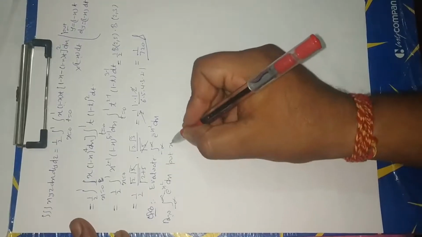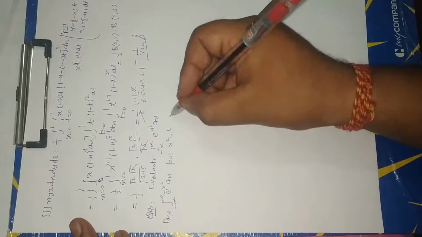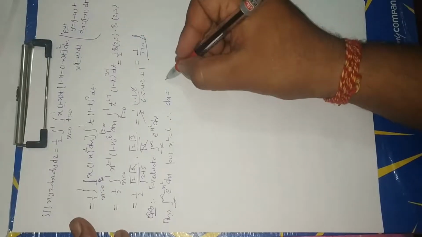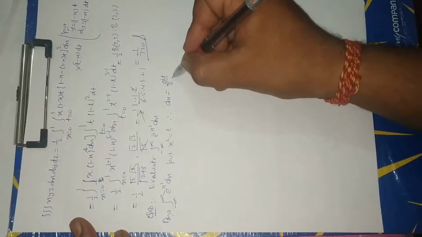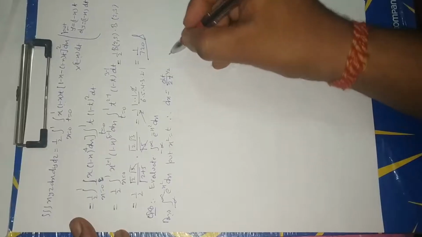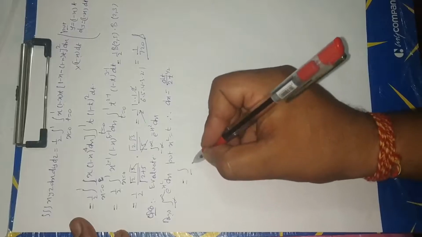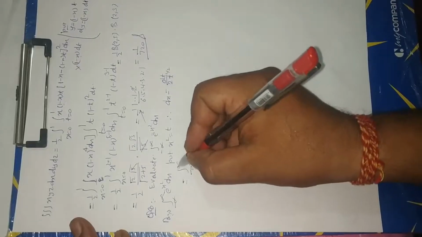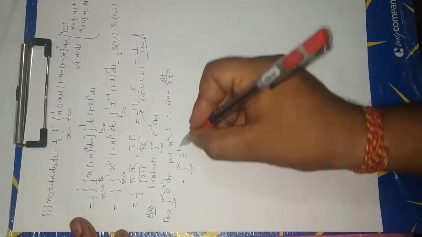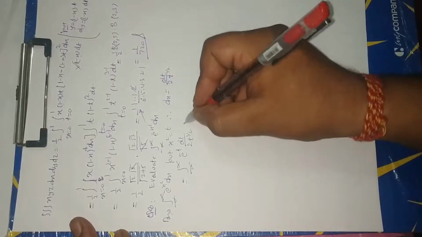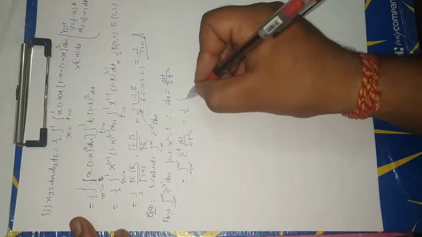Put x square equal to t, that is dx is equal to dt upon 2t to the power half. This is equal to integral minus infinity to infinity e to the power minus t dt upon 2t to the power half, 1 upon 2 common.